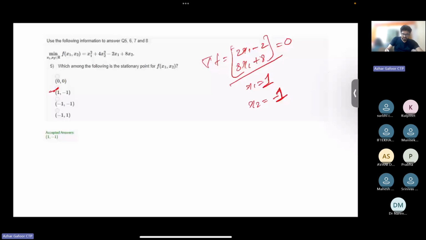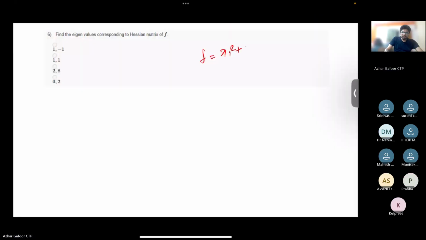So I will write the function again. x1 square plus 4x2 square minus 2x1 plus 8x2.